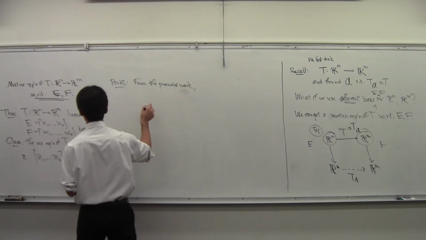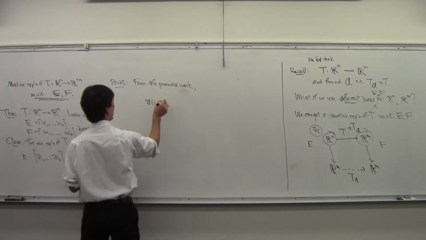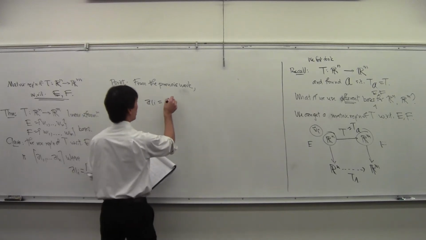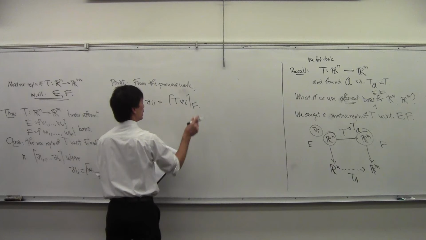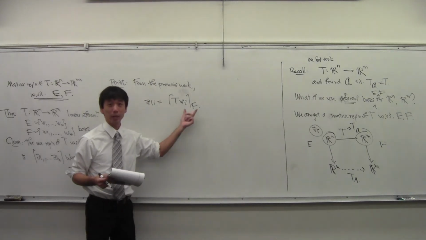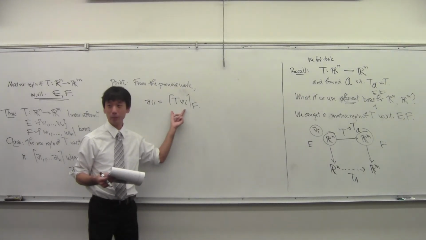from the previous work, A_i, the ith column should be the coordinate vector of T(v_i) with respect to F. That's what we said, right?